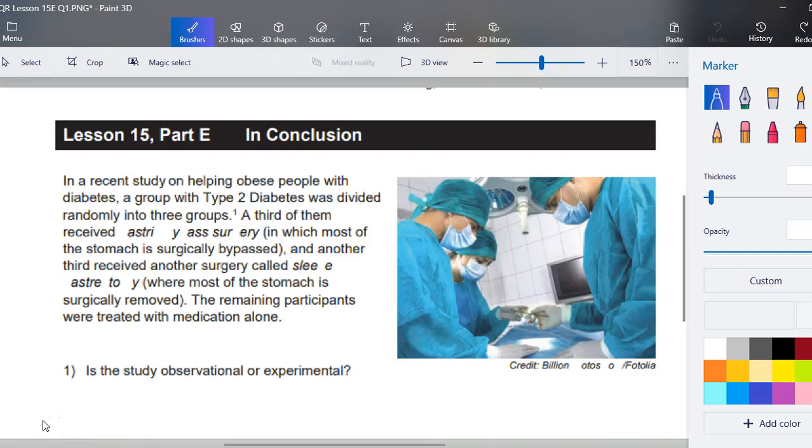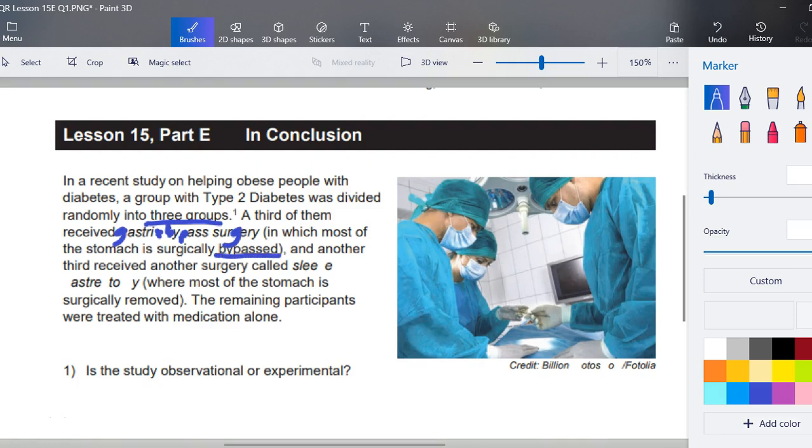We're now at lesson 15E, and it is the conclusion to several lessons that we have been working on. In a recent study on helping obese people with diabetes, a group with type 2 diabetes was divided randomly into 3 groups. A third of them received gastric bypass surgery, in which most of the stomach is surgically bypassed.